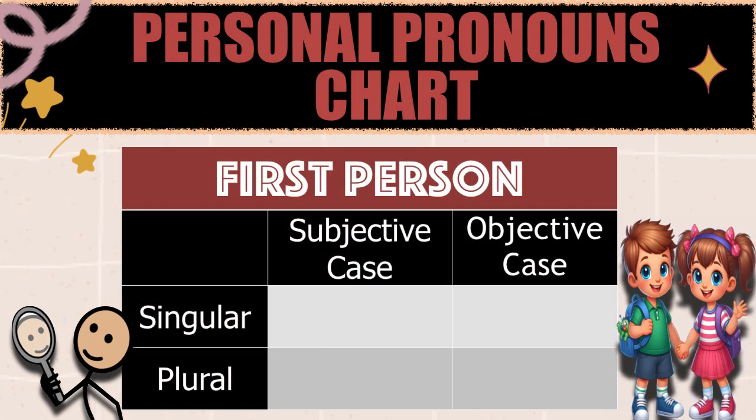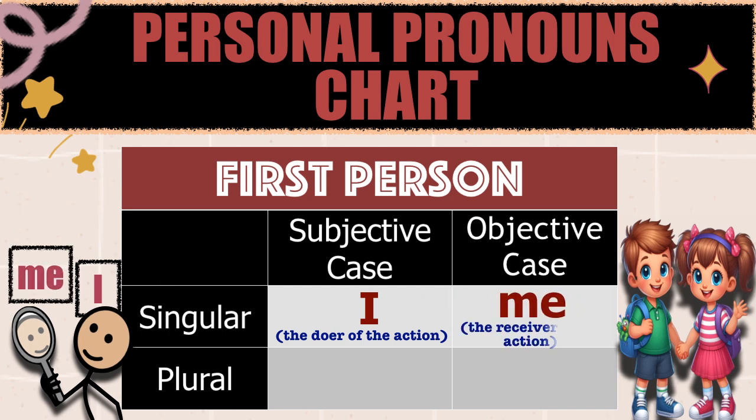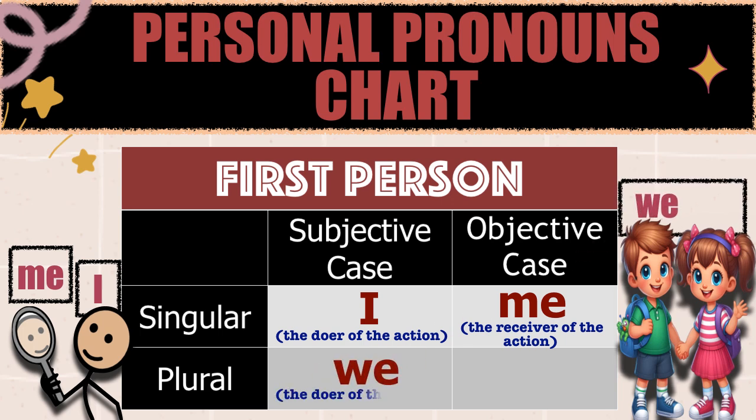In the singular form, I is used in the subjective case, the doer of the action, while me is used in the objective case, the receiver of the action. In the plural form, we is used in the subjective case and us is used in the objective case when referring to more than one person.